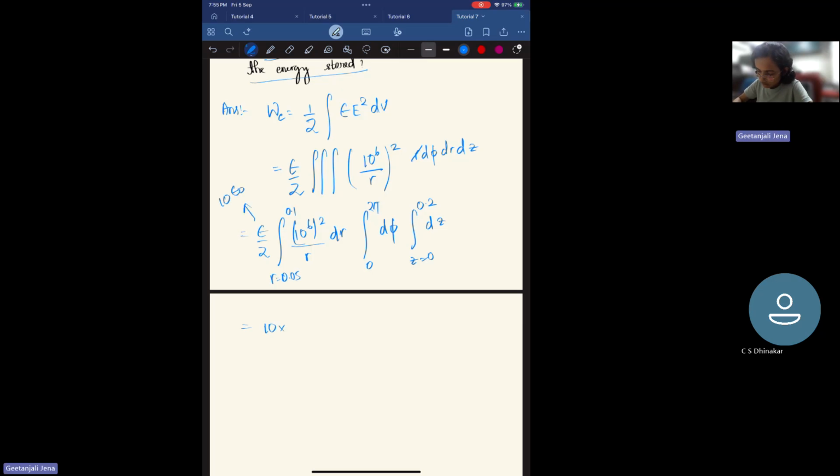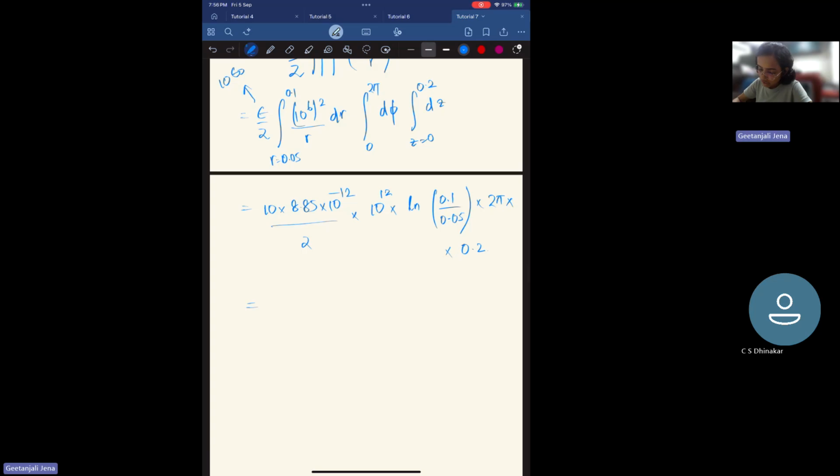So it is 10 into 8.85 into 10 to the minus 12 by 2. 1 by r will give ln r. So ln 0.1 minus ln 0.05. d phi integration is 2 pi, and dz will give 0.2. So this overall will give 38.5 joule.